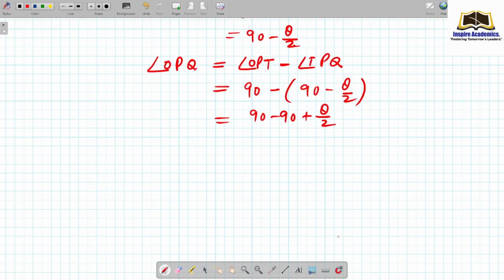So 90 you can cancel, it will be theta by 2. So angle OPQ is theta by 2, and theta was PTQ. So you can say half of angle PTQ.